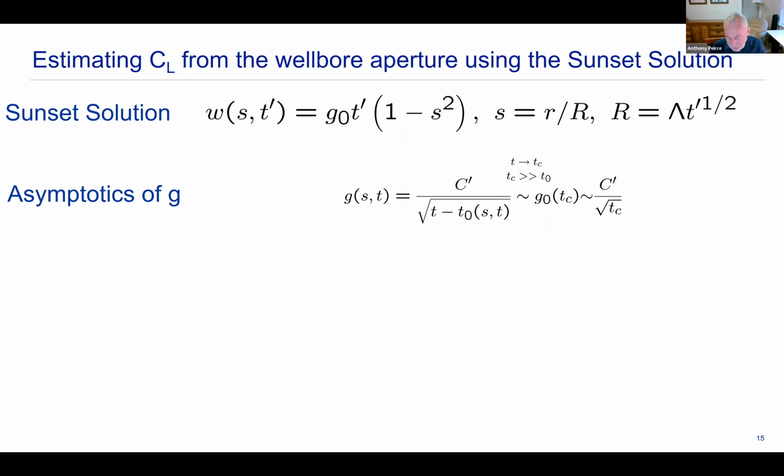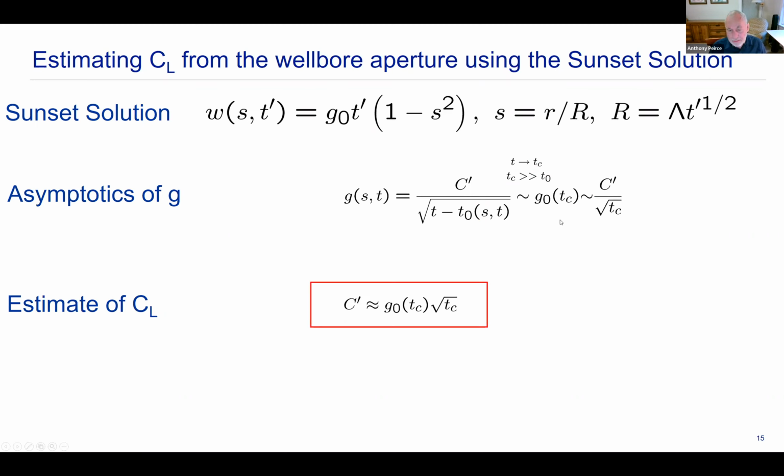Back to the asymptotics of G. Remember, as T goes to TC, over a long time of the evolution of the fracture, T naught becomes irrelevant and G naught looks like this. And this is the secret. Basically, we can get C prime, but if we knew G naught and we know what the time is, we can get an estimate for C. And that's it.